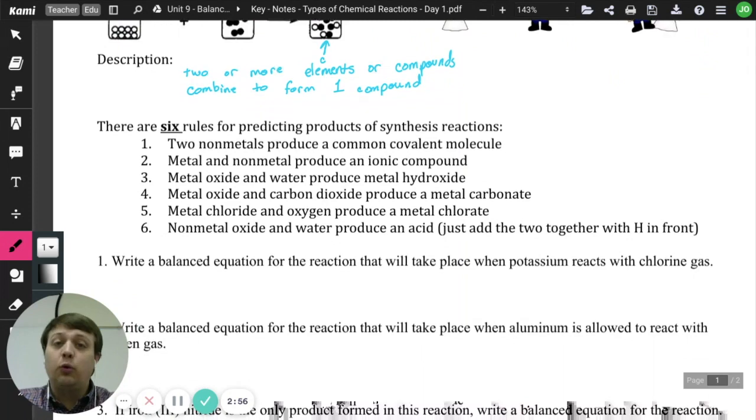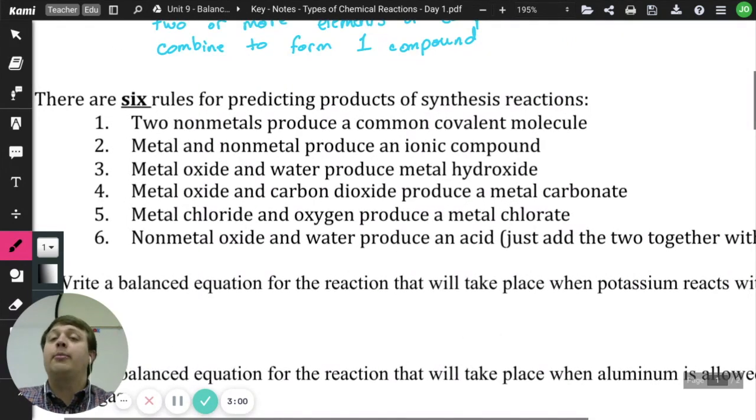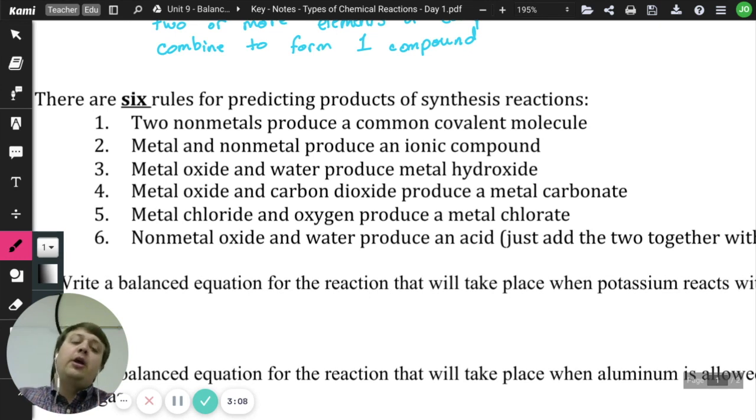Now, there are 6 rules that you need to follow for a synthesis reaction. I'm going to read through all of them because you do need to know them; they reflect what your product will actually be. Rule number 1: if I take two nonmetals, on the right side of the periodic table's stair step, all I'm going to do is form a common covalent compound.